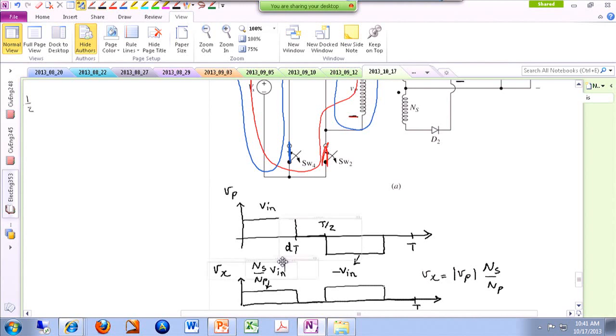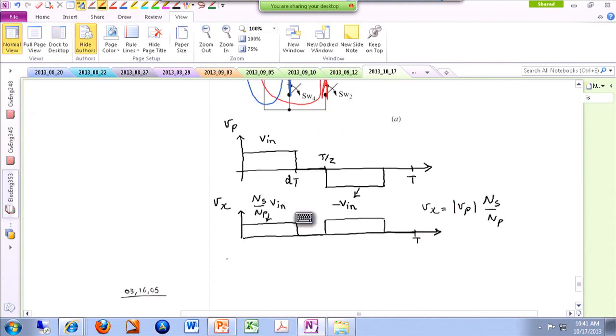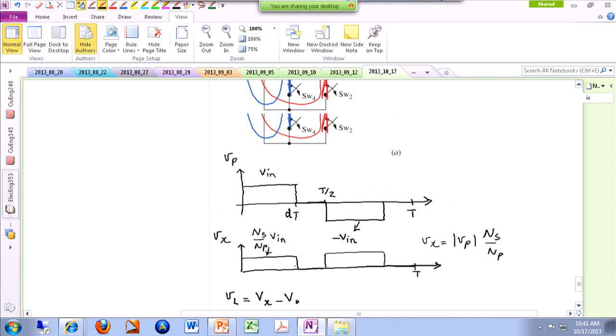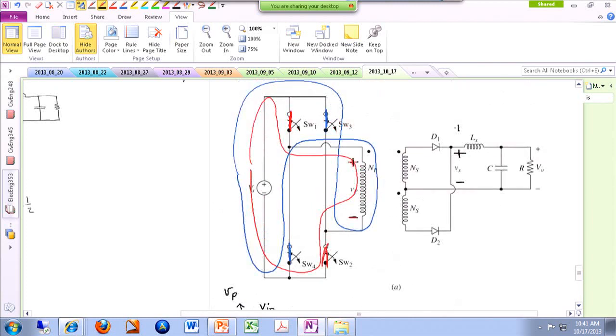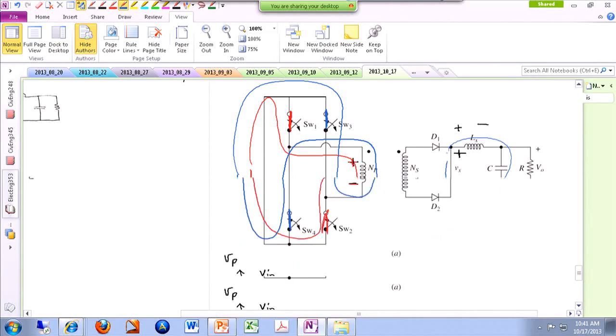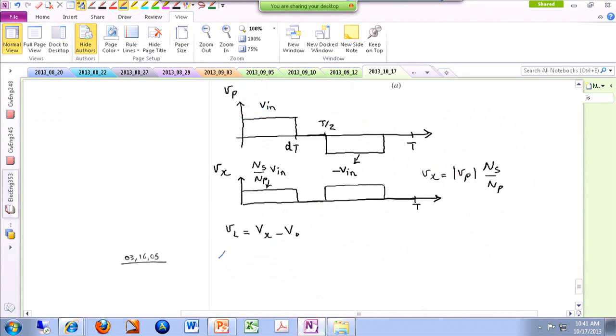And when it comes to VL, remember VL is Vx minus Vout. The voltage drop across the inductor here is basically, I'm looking at this loop, Vx minus Vout is VL. So on average, Vout is almost a DC signal. The instantaneous value and average values are the same.